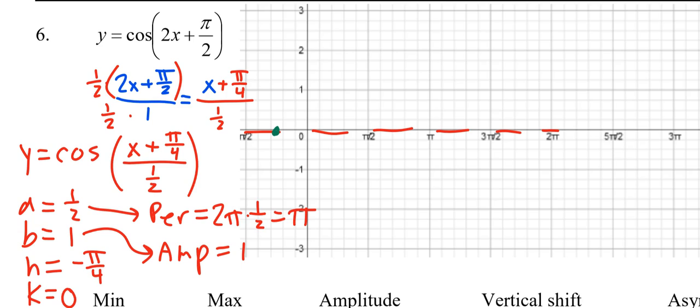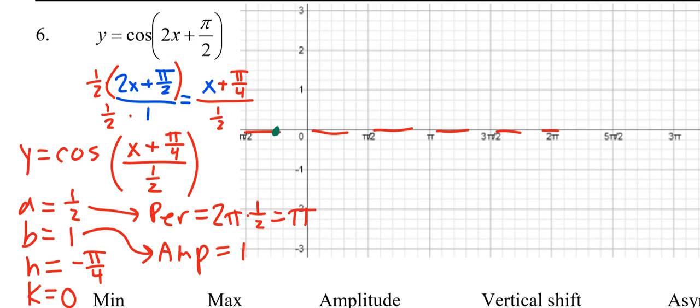Good job. If it helps, draw the center line like I do, and then identify that HK point so you know how to do the rest. Unless you're just that good, which some people are.